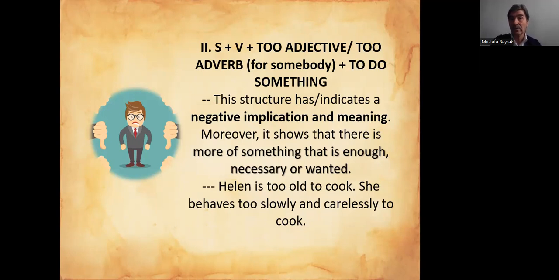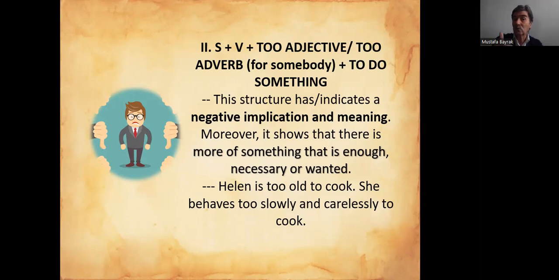Moreover, it shows that there is more of something than is enough, necessary, or wanted. For example, Helen is too old to cook. She can't cook. She is very, very old.